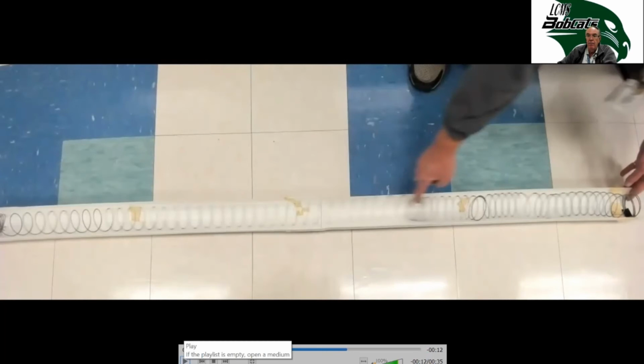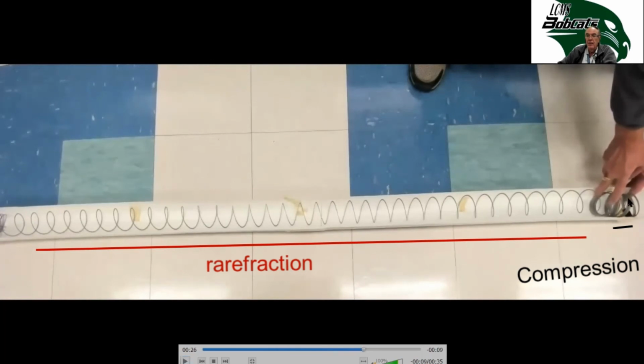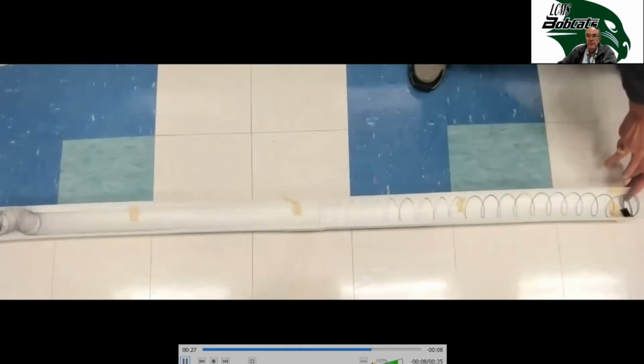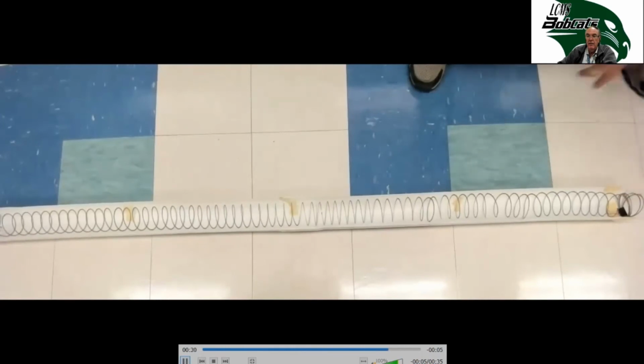So this one should have the most amplitude. As you can see, the compression is very tight, and because I grabbed so much of the spring, the rarefaction is very loose compared to this compression. It had so much energy, so much amplitude that it went to the other end and bounced back. And you can see that the spring had a lot of power.